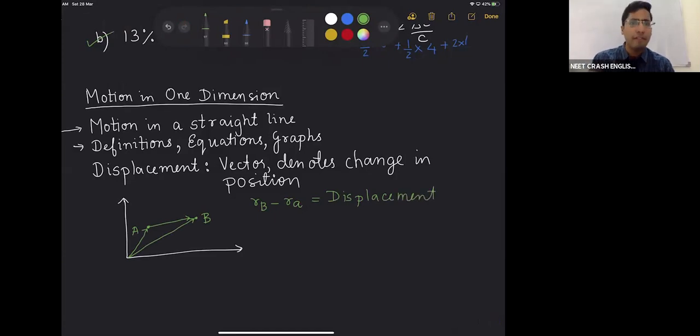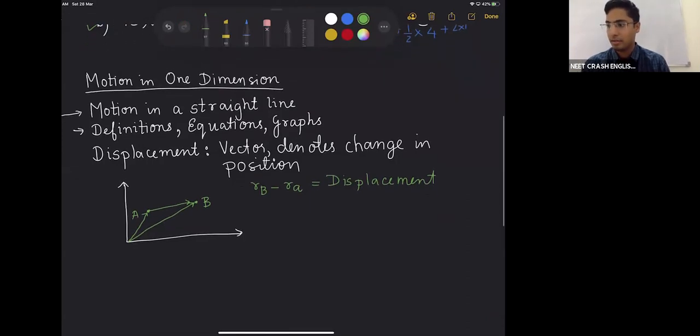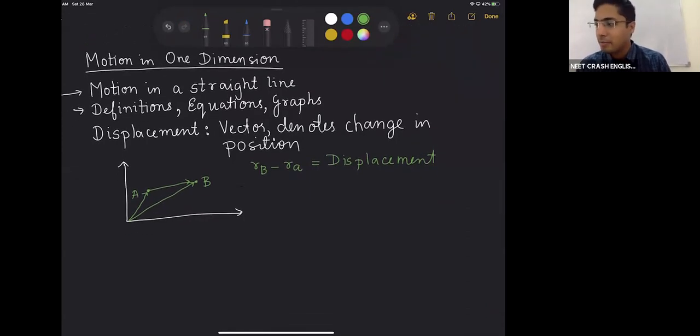Right? Although I've drawn vectors here, in this lesson we will only do things that are important from the point of view of motion in one dimension. RB is basically the distance of B from the origin, and RA is the distance of A from the origin, right?